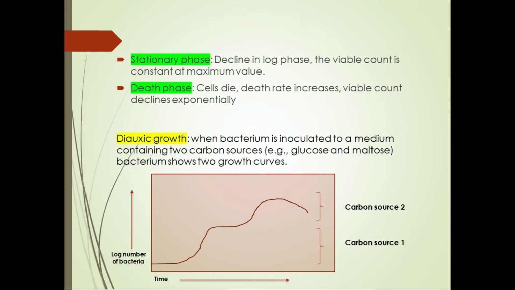So before reaching the death phase, we have to transfer the bacteria to a fresh medium. So here we see two growth curves joined together. It is because of two carbon sources in the medium. So this growth curve is the Diauxic growth curve.